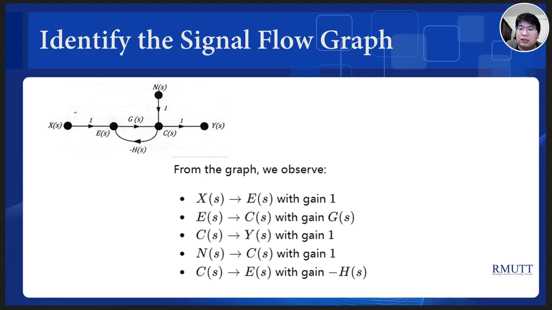In addition, N(s) enters the node C(s) with gain 1. Finally, there is a feedback path from C(s) back to E(s), and the gain is negative H(s). By reading these branches carefully, we can write the node equations of the system.